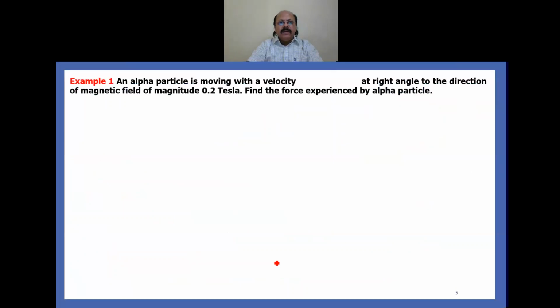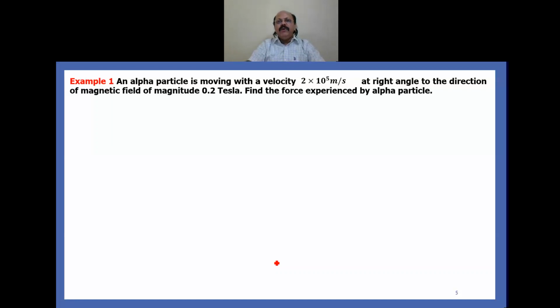Now some examples or numericals, whatever you have learned, you have to implement here. The first question: an alpha particle is moving with velocity 2 into 10 raised to the power 5 meter per second at right angle to the direction of a magnetic field of magnitude 0.2 Tesla.